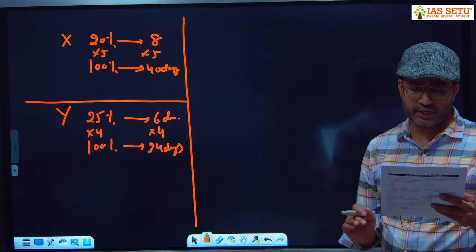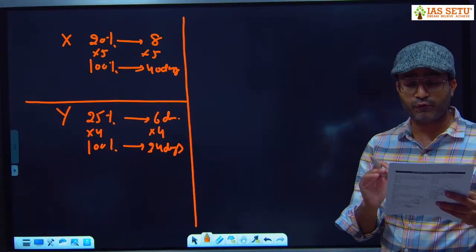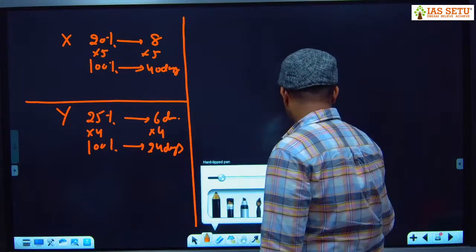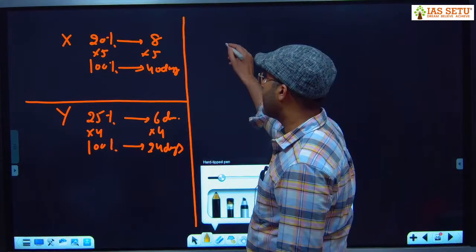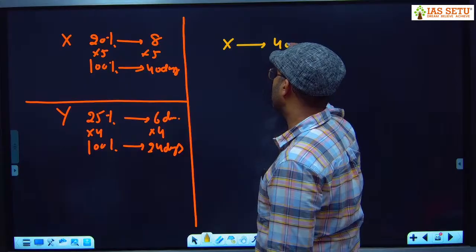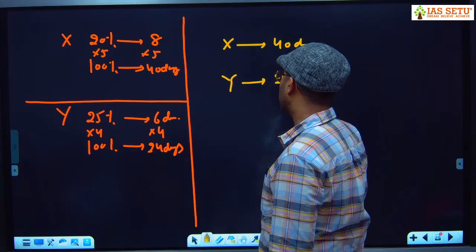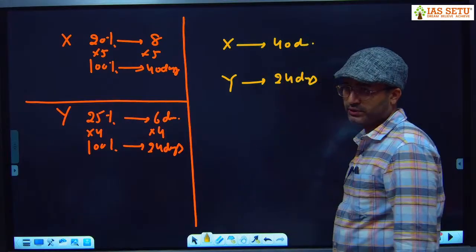If they work together, in how many days will 40% of the work be completed? See here, X alone can do one work in 40 days. Y alone can do that work in 24 days.